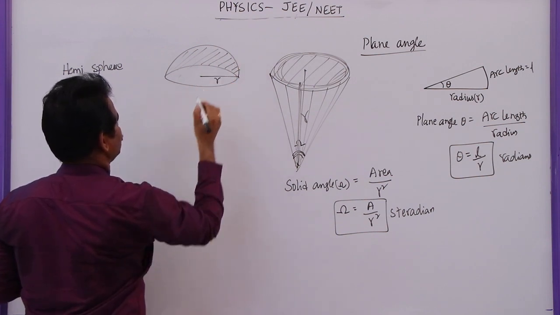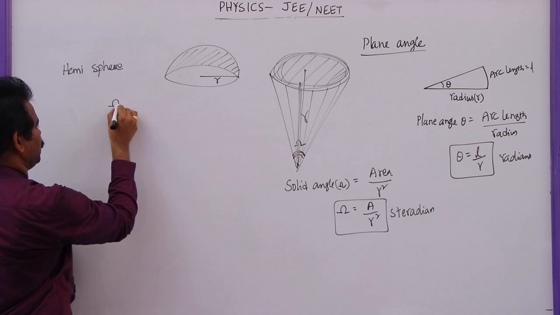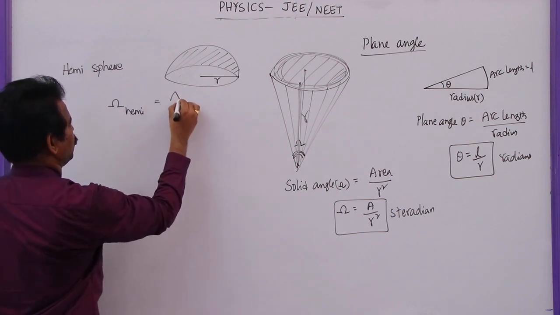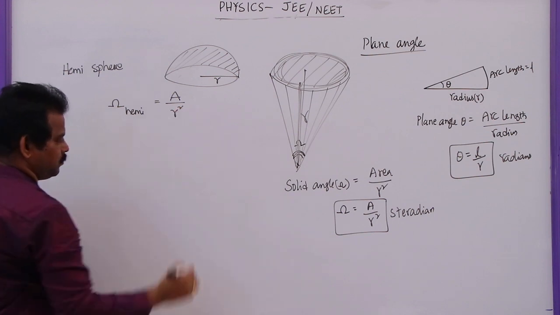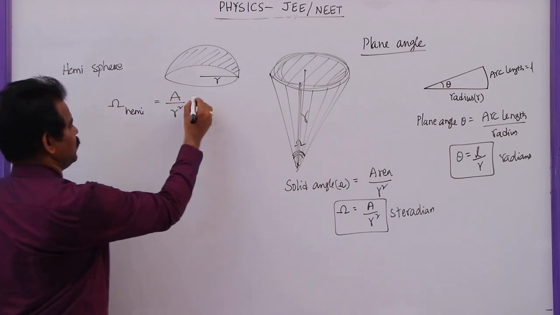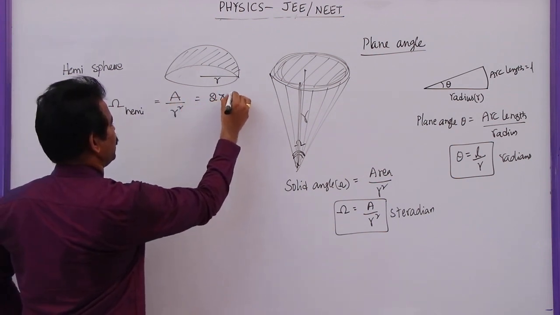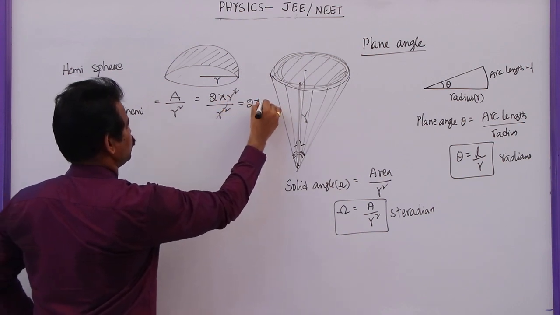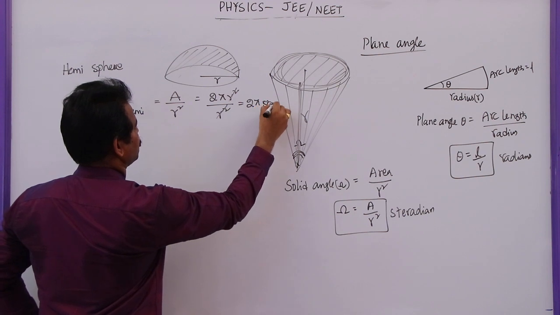The radius of this one is r. The solid angle of a hemisphere is given by total area by square of the radius. We know that the area of a complete sphere is 4 pi r square. What is the area of a hemisphere? It is 2 pi r square by r square. This cancels, so this is 2 pi steradians.